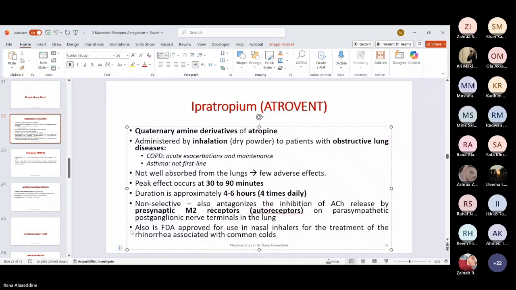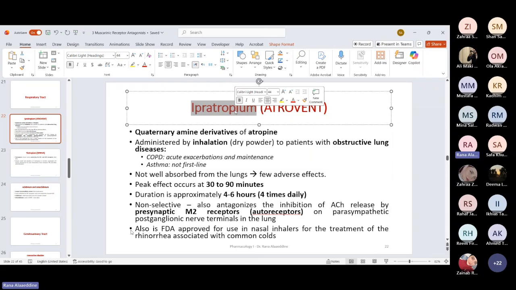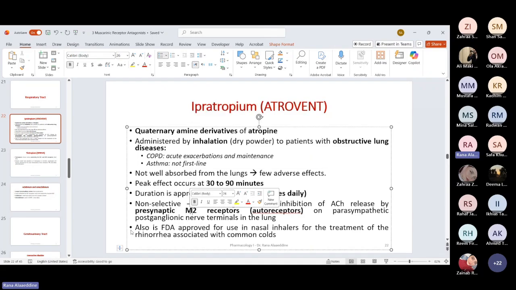So in this case, is M2 receptor blockade something that we want? No, it's a problem. So keep this in mind. Ipratropium, although it is good, has this issue, and the patient has to take it 4 times daily, which is too much.